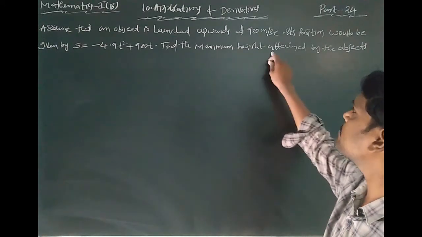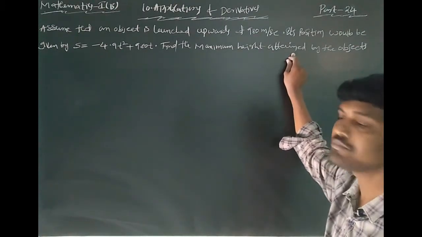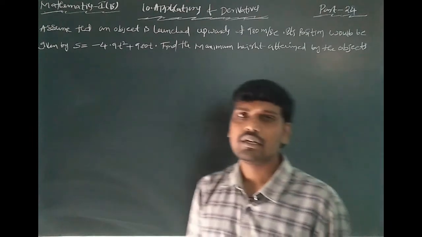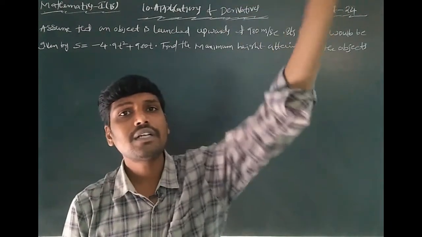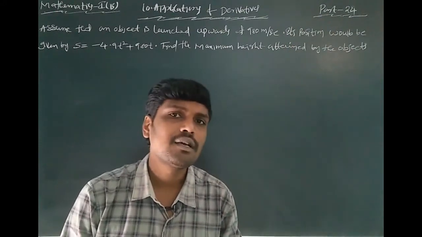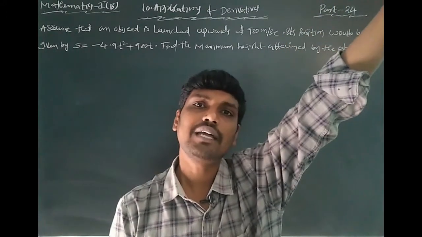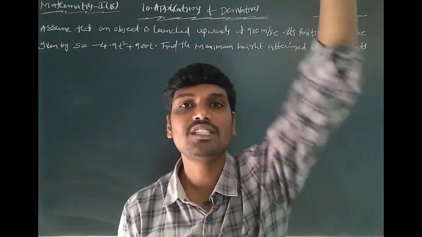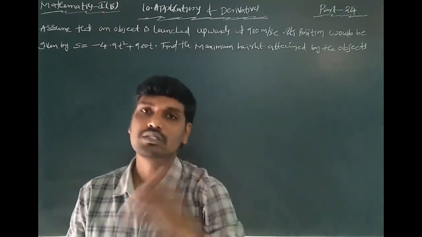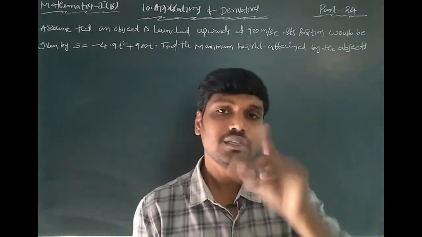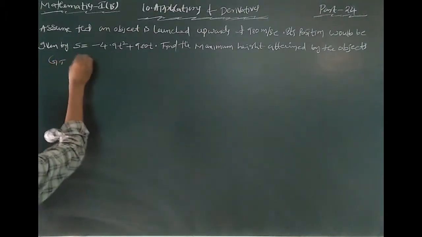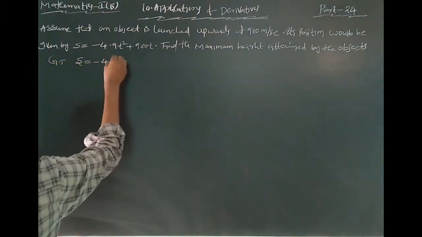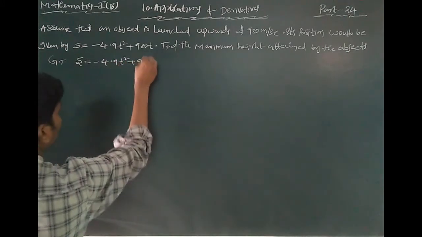Find the maximum height attained by the object. Here, at maximum height attained, what is the velocity? At maximum height attained, that time velocity is 0. After that, the object comes downwards. Correct or not? That's why first of all you find velocity. Here given s is equal to minus 4.9 t square plus 980 t.